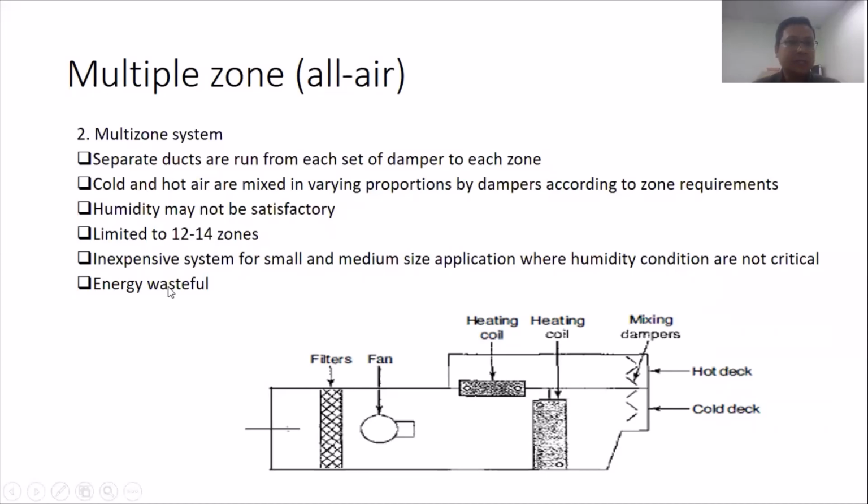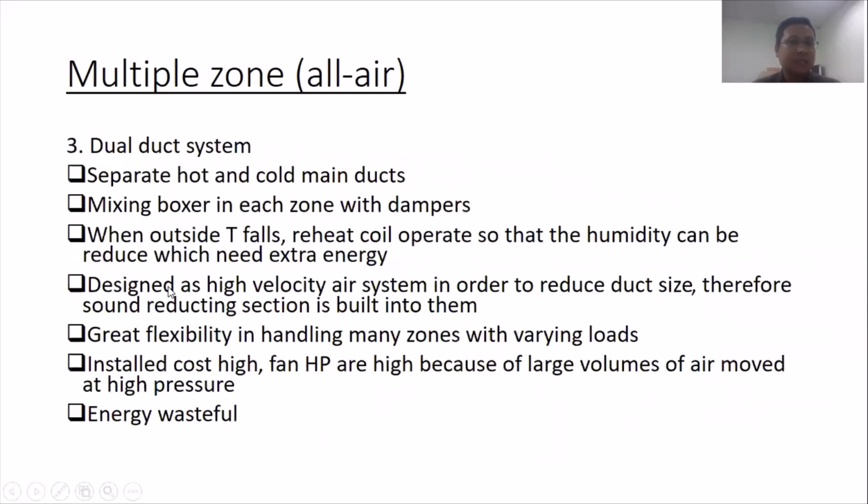Okay, now the other characteristic of multiple zone air is the dual duct system. We can separate hot and cold main ducts. So maybe we can separate the duct system that supplies cold and the duct system for the hot.